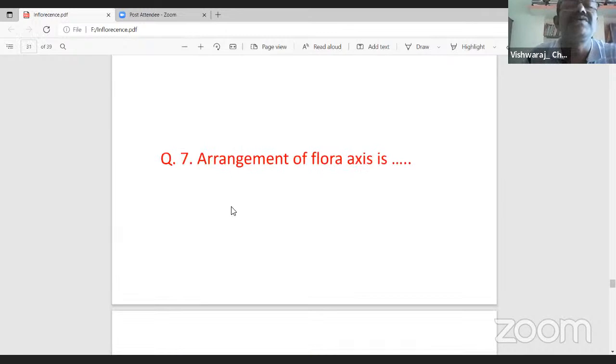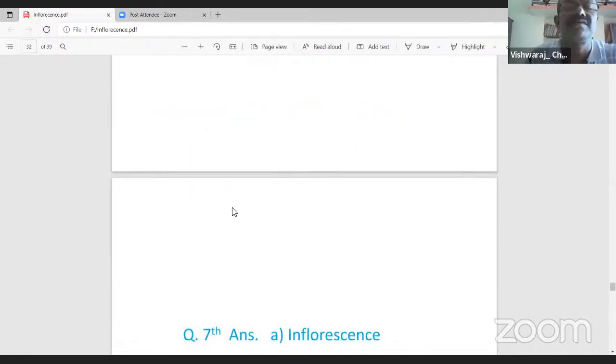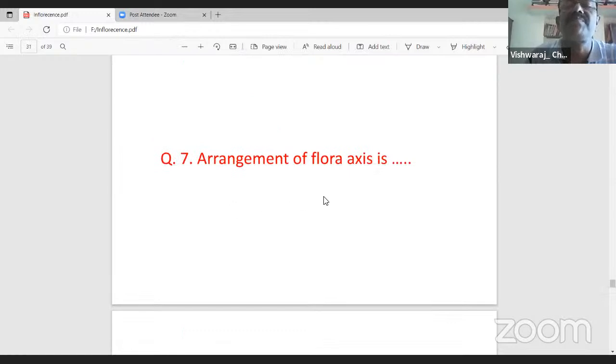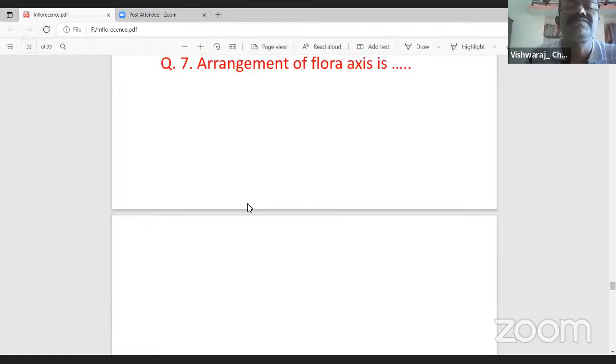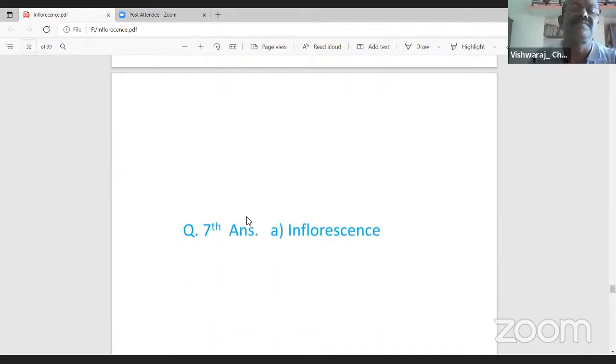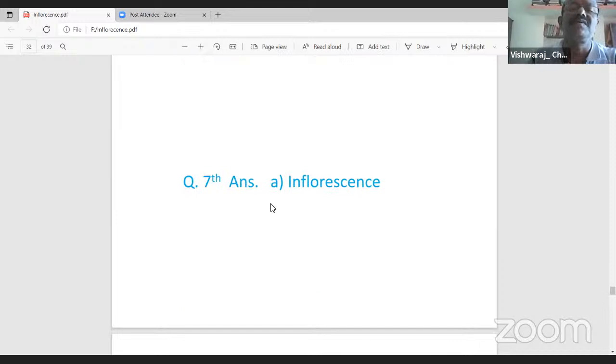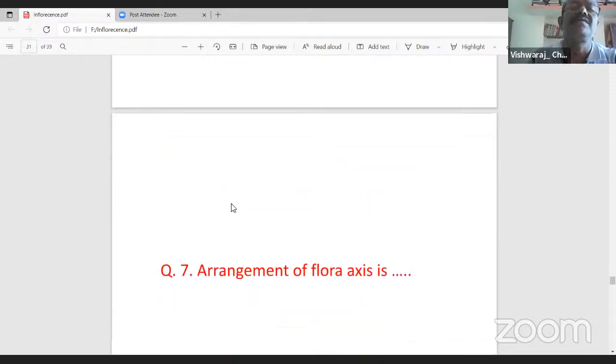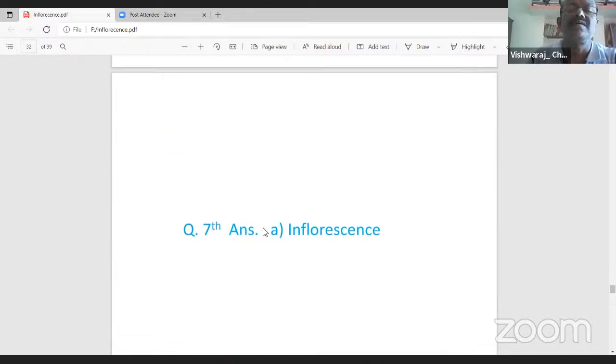Question number 7: arrangement of flowers on the floral axis is inflorescence.